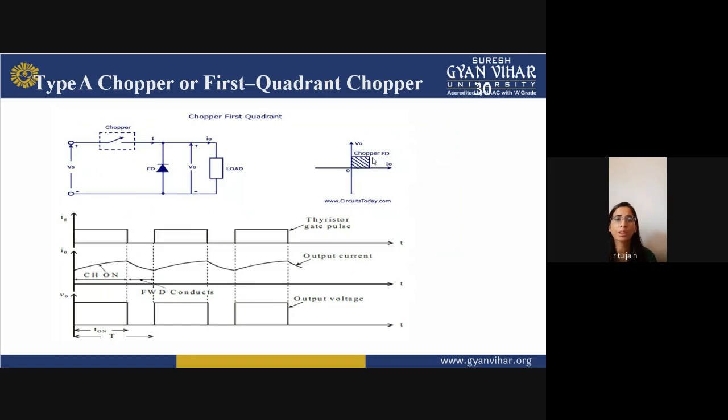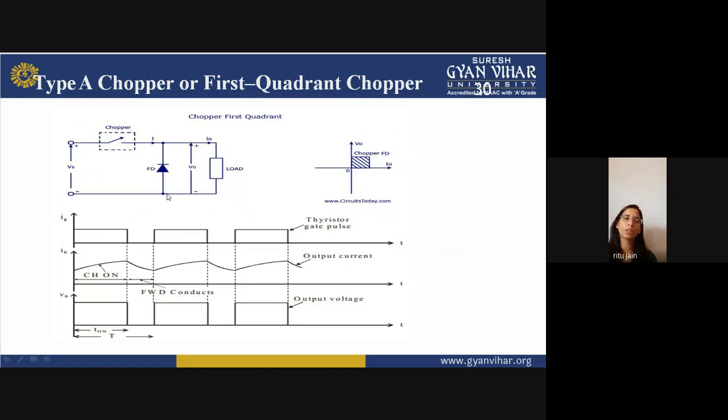Now let's come to the waveform. When the thyristor is turned on, or you supply a thyristor gate pulse, the current flows in the positive direction and you get the output voltage. But when the switch is off, or the chopper is turned off, the circuit breaks and the diode becomes forward biased, and the current continues to flow in the same direction.